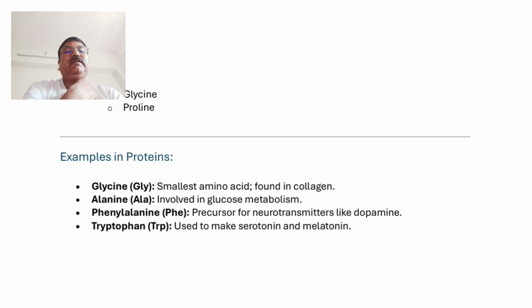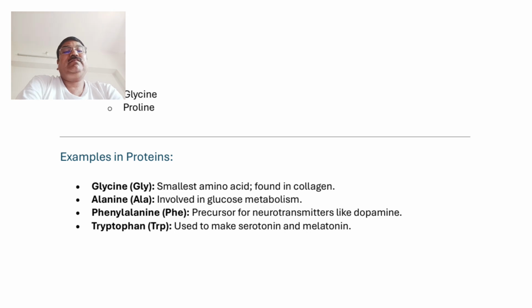So these are some proteins in which various alpha amino acids are used as building blocks. That is, glycine is one of the smallest alpha amino acids, found in collagen. Collagen is a protein, and it is synthesized with glycine as an amino acid building block.